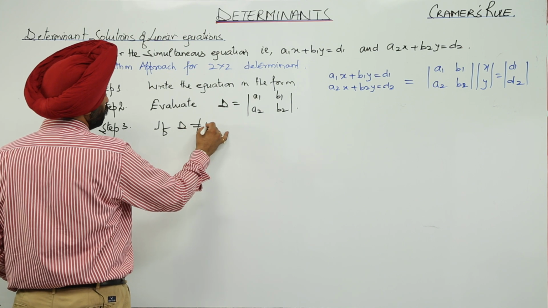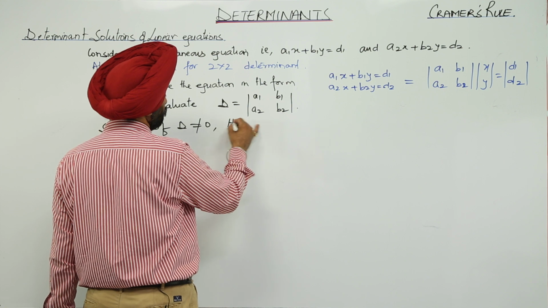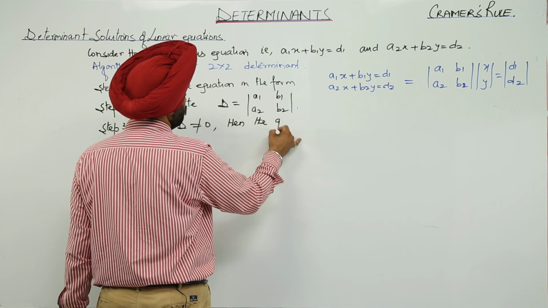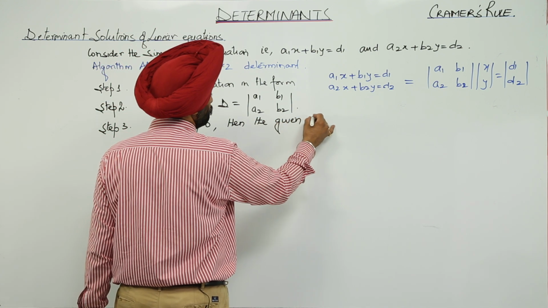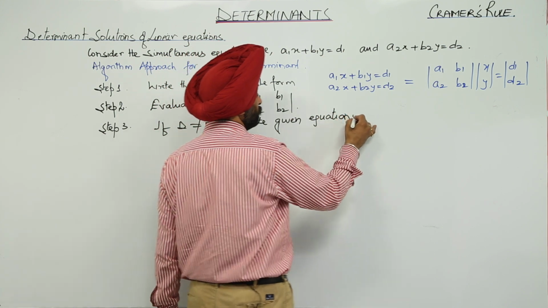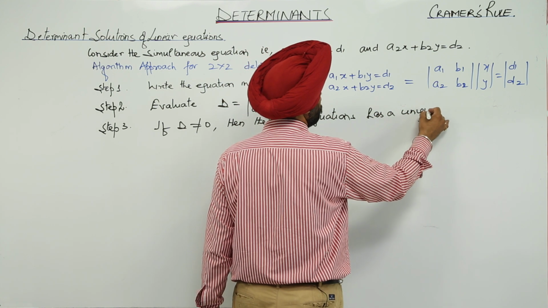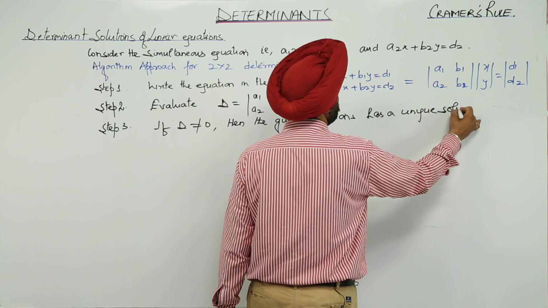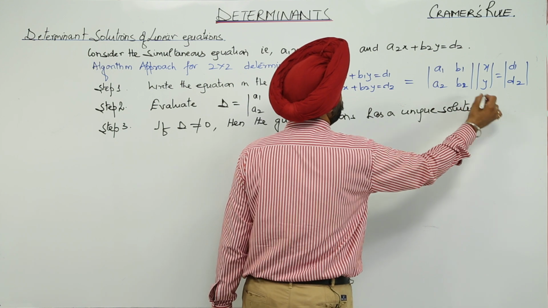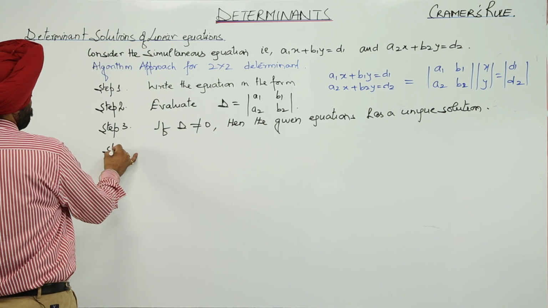If D is not equal to 0, then the given equations have a unique solution. Is it clear?